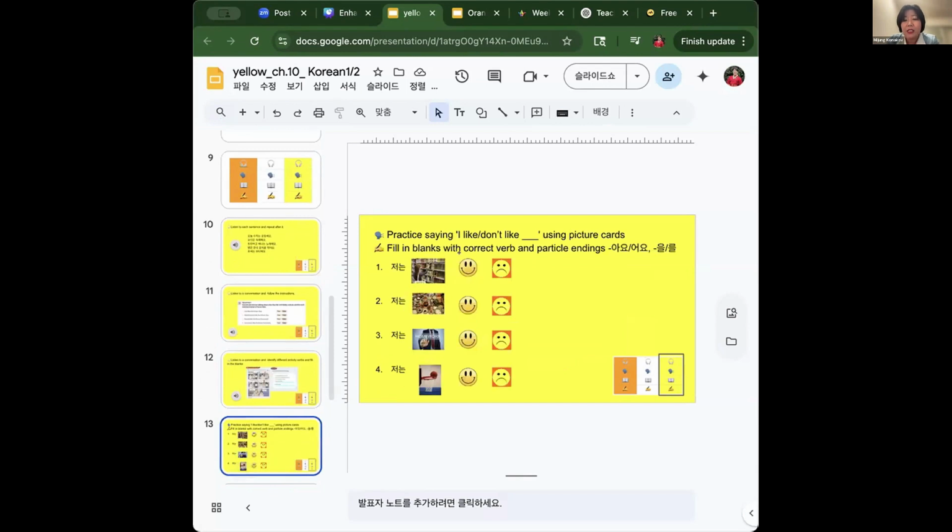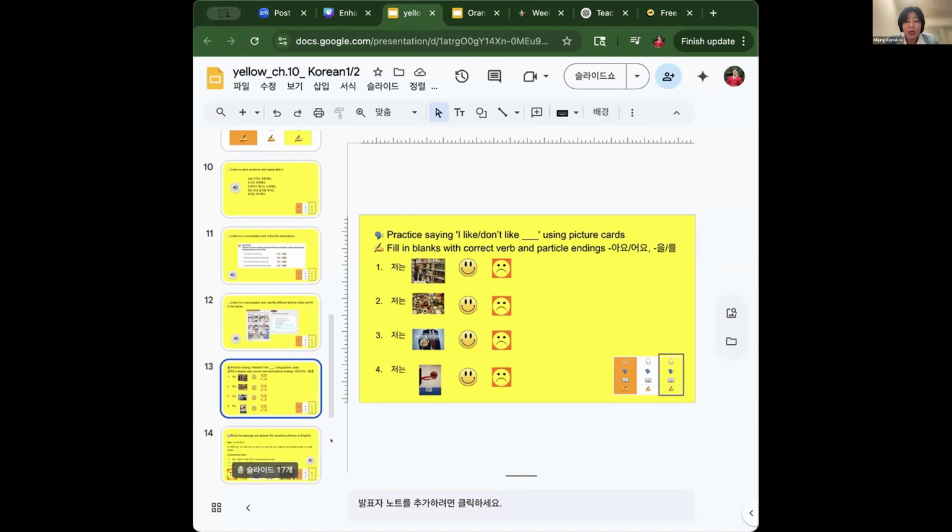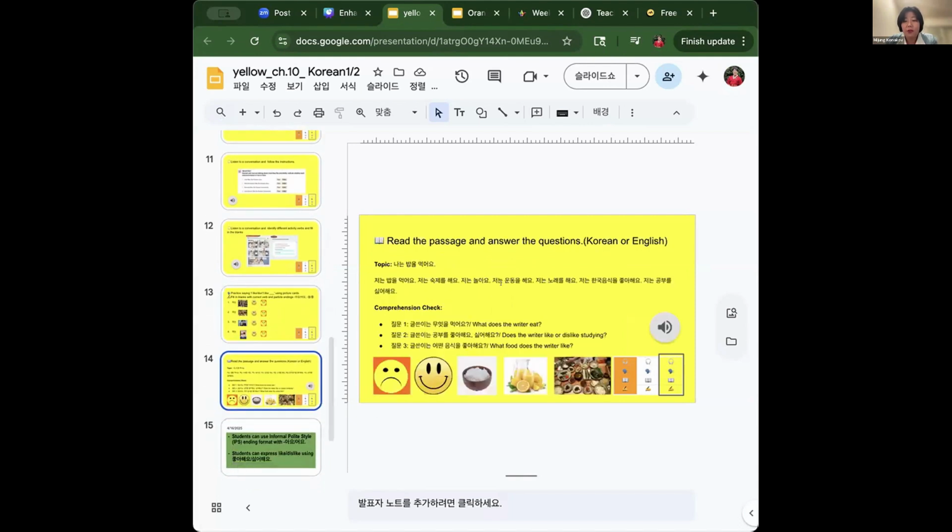But for the practice talking and fill in the blanks, I made more visual aids for the novice lower level. And this is another one, for the passage. For this passage, I asked ChatGPT to create simple sentences for the low level students.